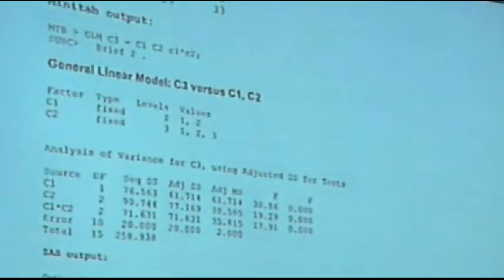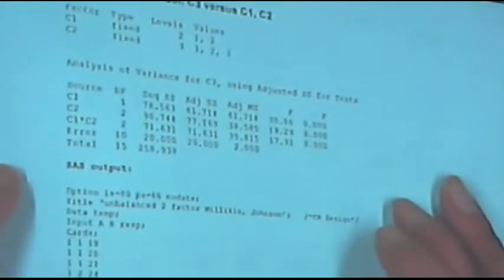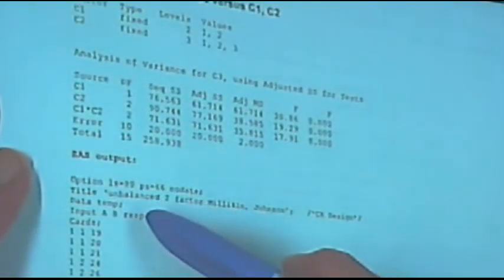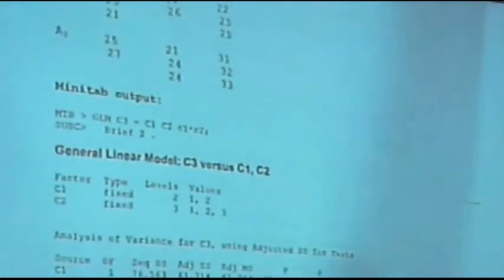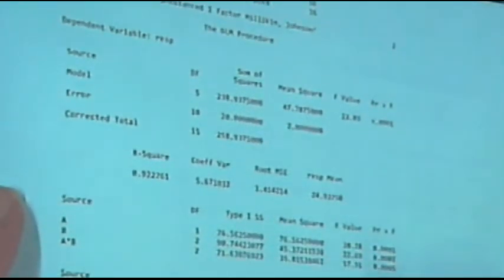Now, take the same data and throw it into SAS. So that starts at the bottom of the page here. So here's the SAS file. First of all, the data is entered, and there it begins and continues on the next page. And finally, we end up near the bottom of the page with type 1 and type 3 sums of squares.